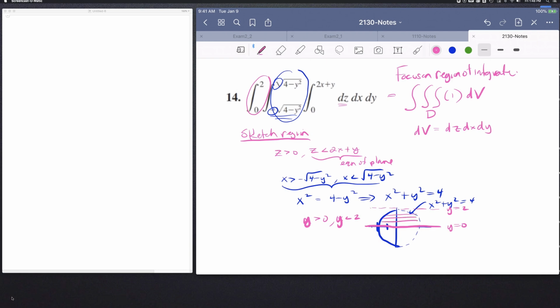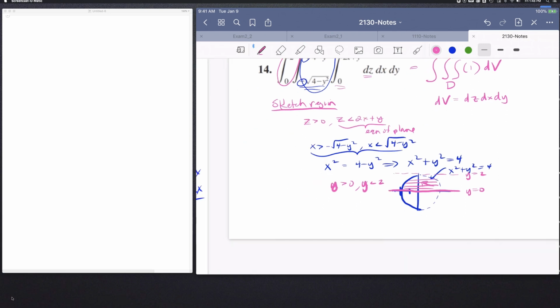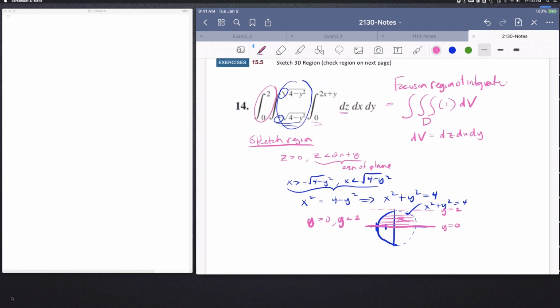So this was our region of integration in the xy plane, but we also have a z entry. If we're going to sketch this region D whose volume we are finding, in the xy plane, x is going from a circle on one side, and y is bigger than 0 but less than 2, so we have a circle right here in the xy plane.